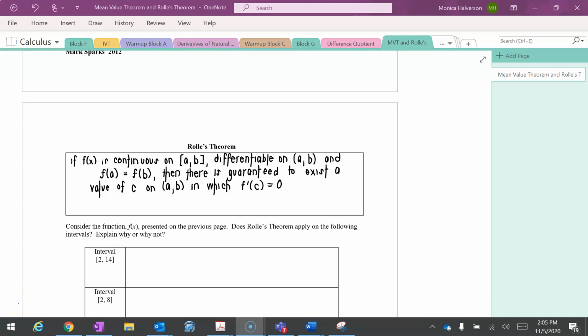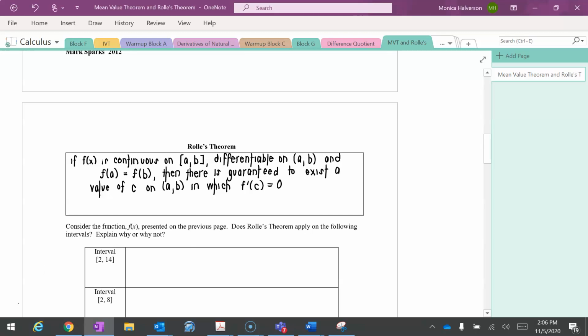Now, this means that there must be a relative max or a relative min on the original function within the interval AB. And that makes sense because if f of A equals f of B, we're returning back.